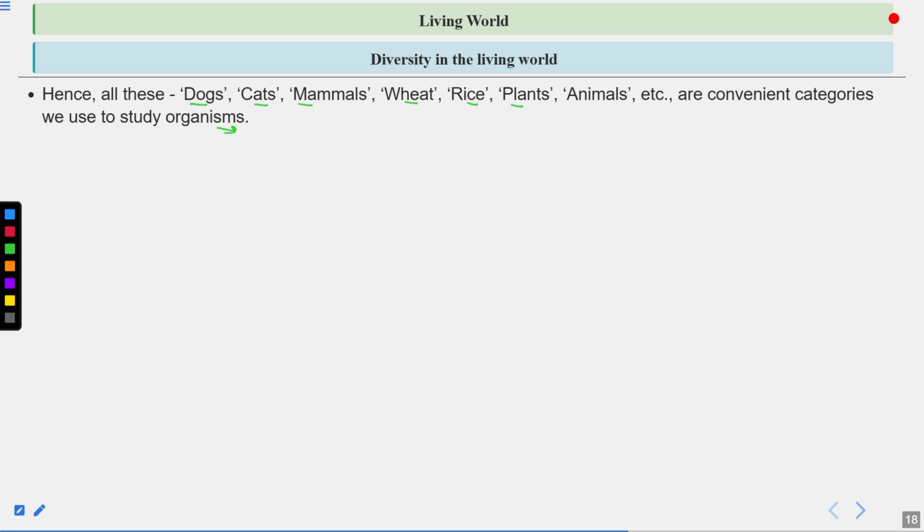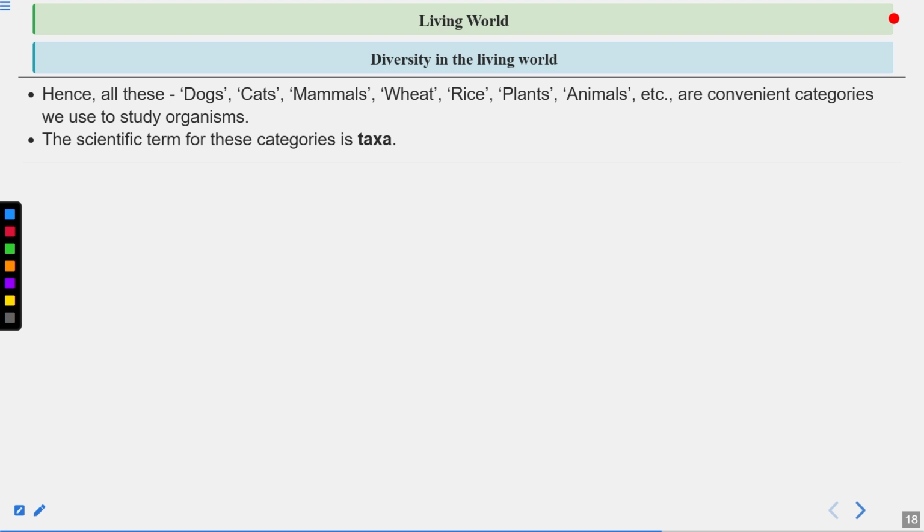Grouping of organisms into these convenient categories based on easily observable characteristics. And we use these categories to study the organisms. We are placing these organisms into a particular category based on similar or dissimilar characteristics.